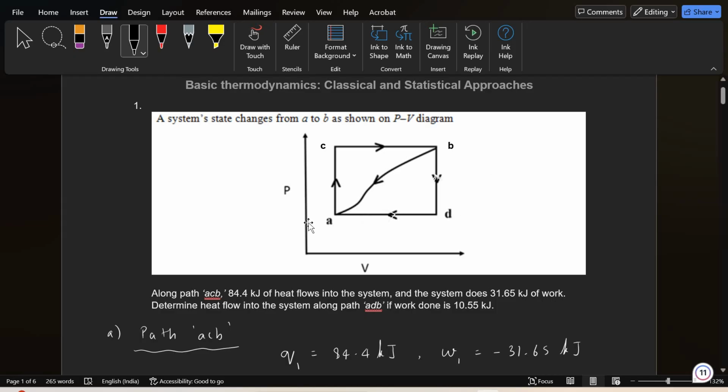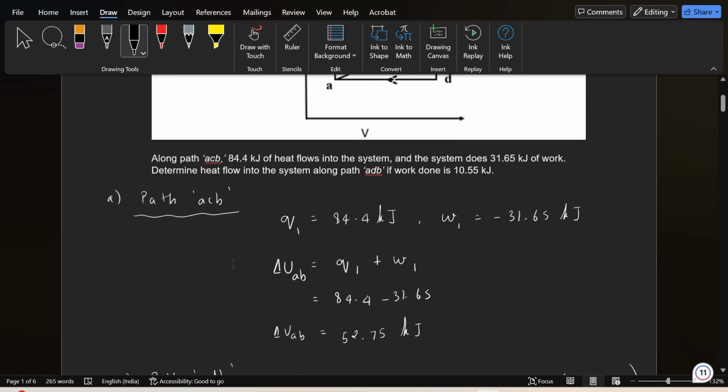Okay. What is the delta U for A to B? We have already calculated that. What is the value? See here and tell. No, that is the heat.